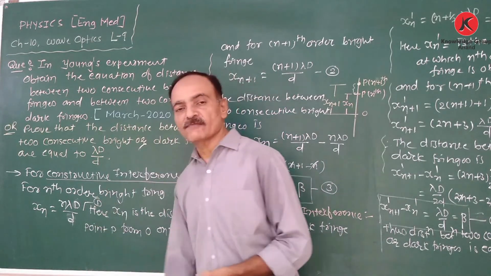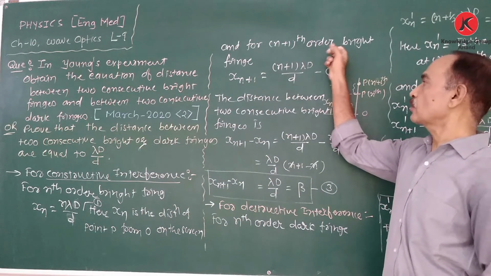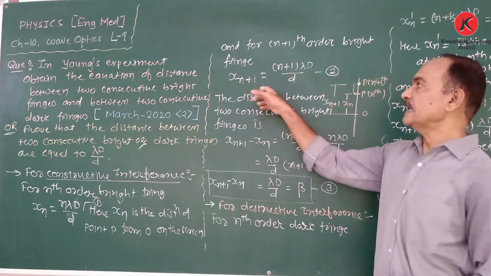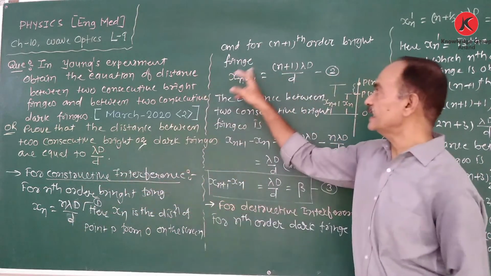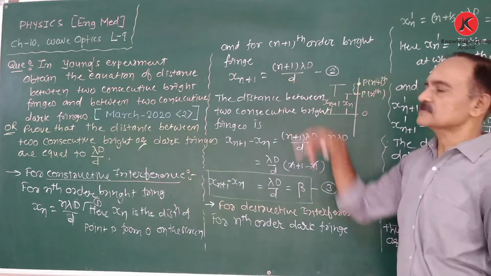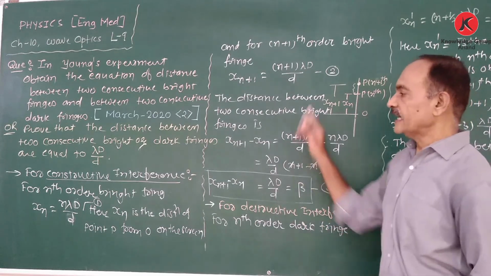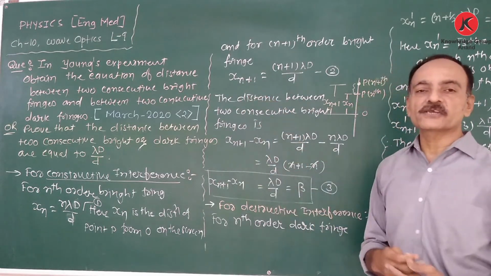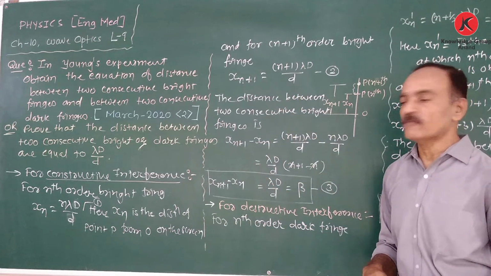That is equation 1. For the n plus 1th order bright fringe, xn plus 1 is equal to, instead of n we place n plus 1, so n plus 1 lambda capital D upon small d, equation 2. To take the distance between two consecutive bright fringes, we take the subtraction of equation 2 and 1.